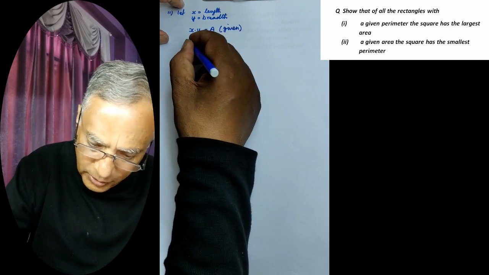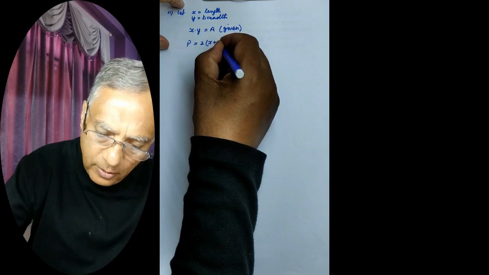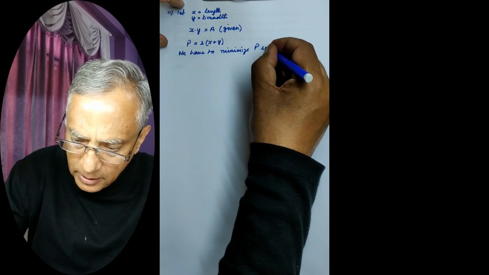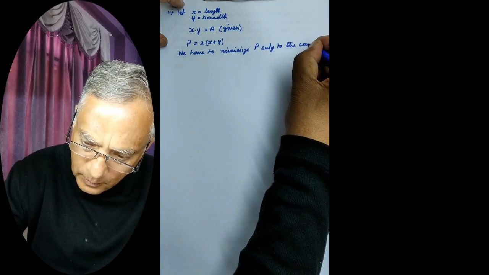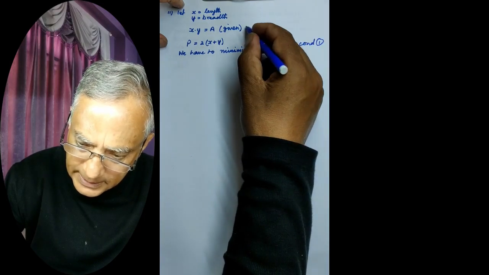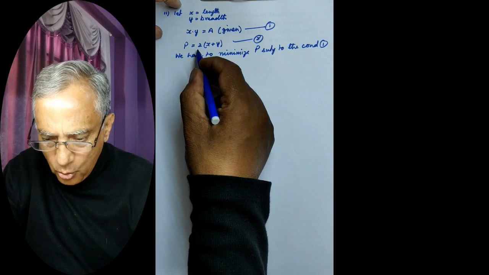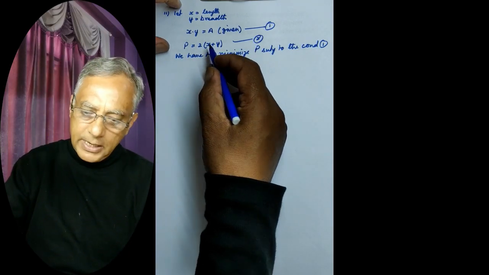Now the perimeter of this rectangle is p equal to 2 times x plus y. We have to minimize p subject to condition 1. Say this is 1 and this is 2. So we first express 2 as a function of a single variable.